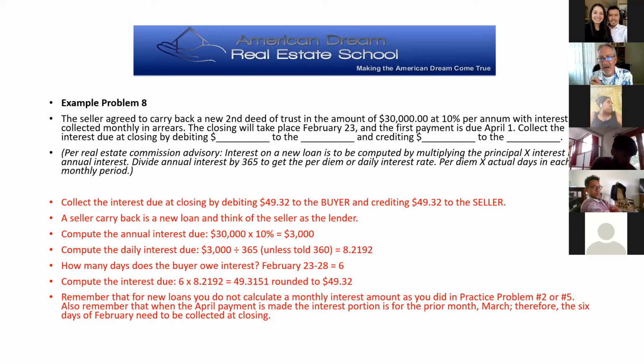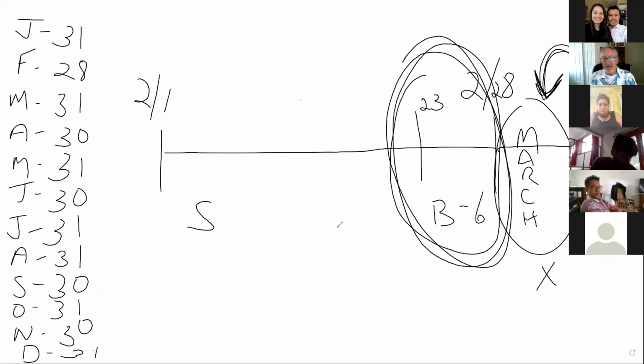So it's the February 22nd, that's where you hit the day before. How do you get 6 days? Good question. Here's all I got to do to get 6 days. If I just go 28 days in February minus 23, that gets me 5.